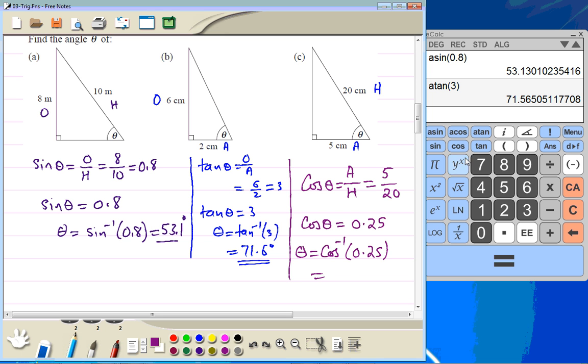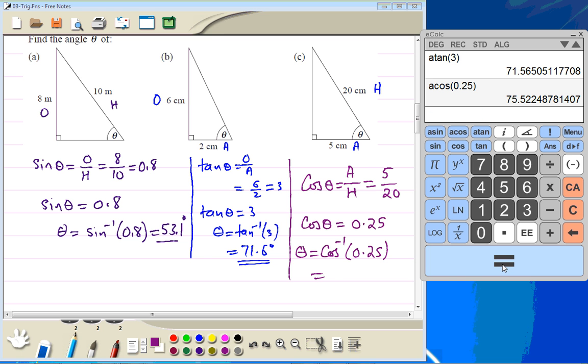On this calculator, arc cosine 0.25, close bracket, equal, 75.5 degrees.